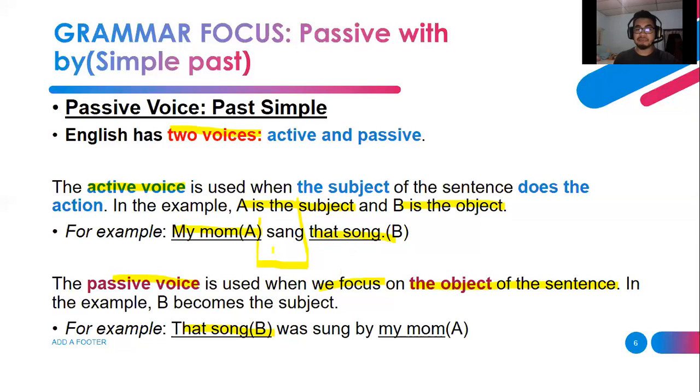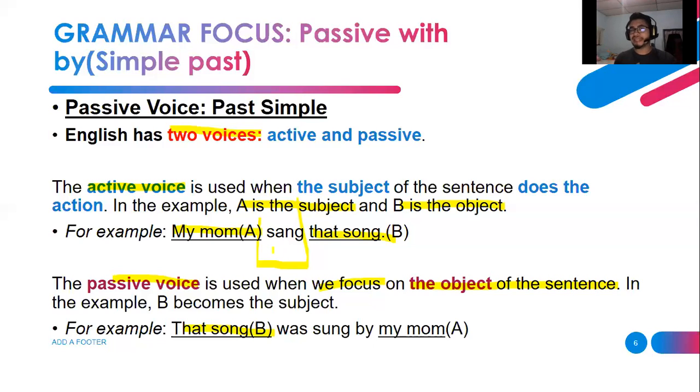Then in the passive voice, we don't care about the person doing the action, but we care about the object of that action. And what is the object? The song. How do I know that the song is the object? Well, can the song perform the action? Or in Spanish, ¿puede el objeto hacer la acción? No, right? It can't.